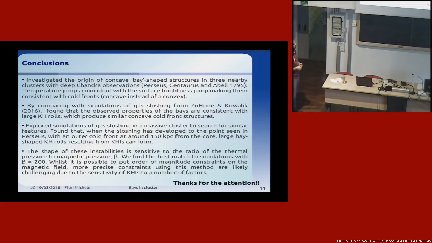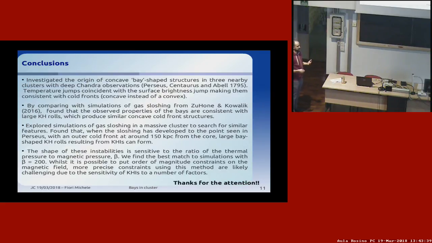They compared the simulation with the real data, and they found that the properties of the bay are consistent with large Kelvin-Helmholtz rolls, and that there is a very good agreement with the data for the Perseus cluster, with the same dimension and also the same direction of this bay, with parameter beta of 200.